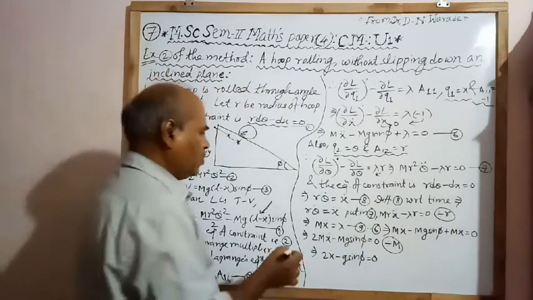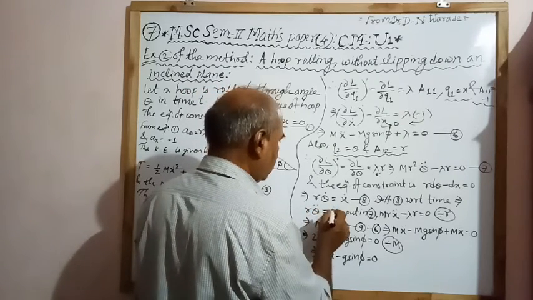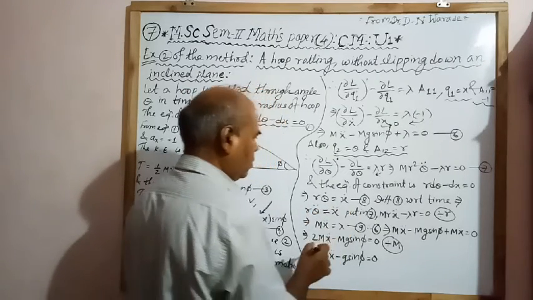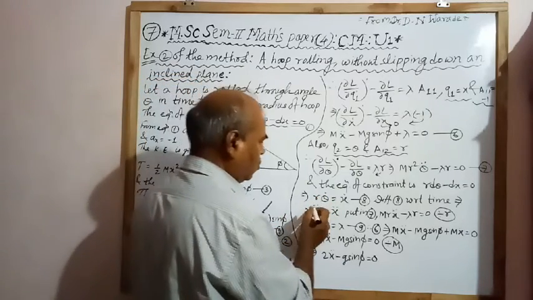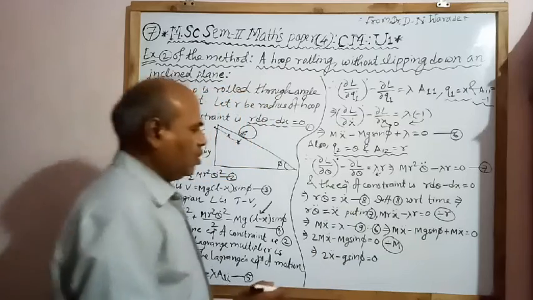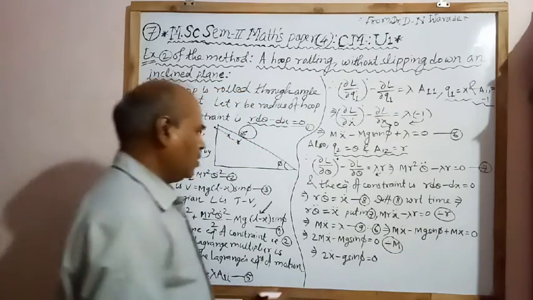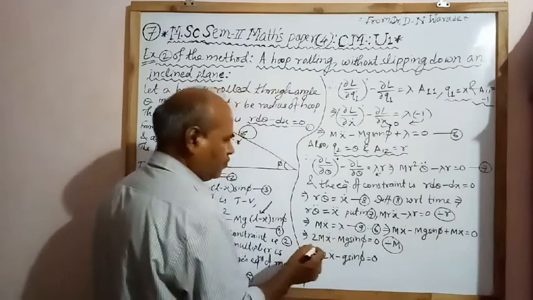Differentiating this with respect to time, we have r theta double dot equal to x double dot. Putting this value in equation 7, we obtain this. Now dividing by r, we have this.